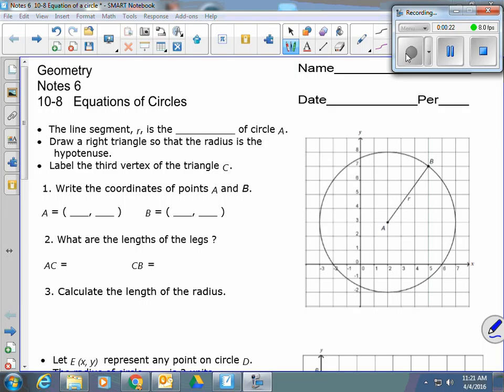Okay? So, the line segment R, right here, what do you call a line segment R? Radius. Good, very good. It is the radius. Okay?